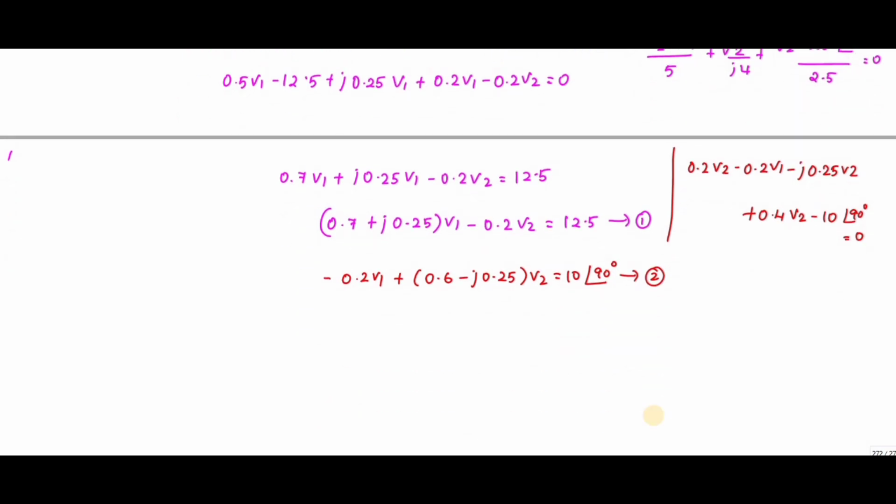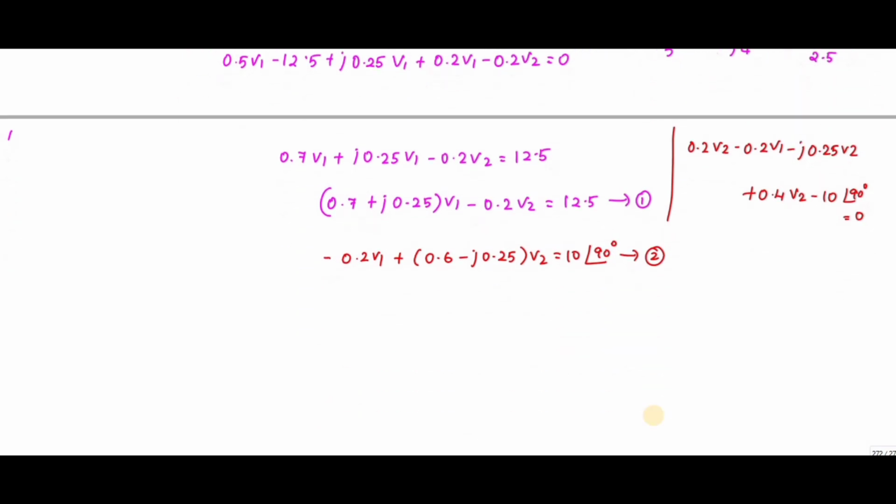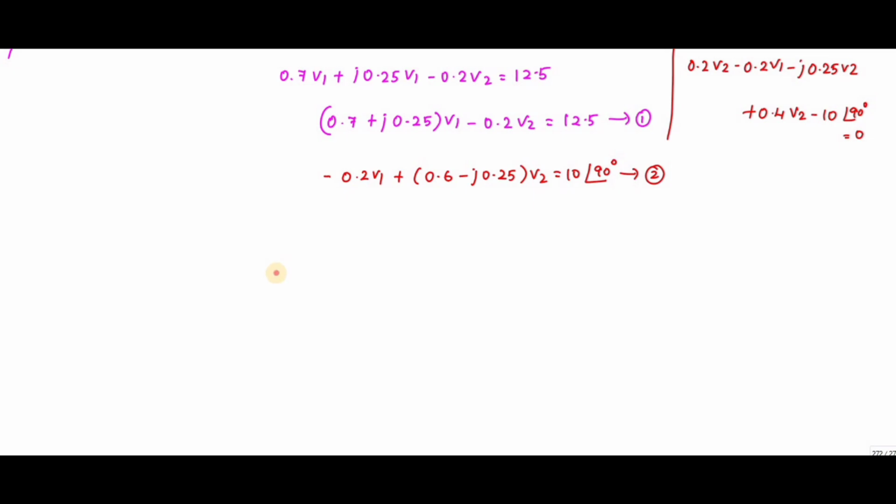So let's find the delta value. What is delta? Delta is equal to the determinant: 0.7 plus j 0.25, minus 0.2, and minus 0.2, 0.6 minus j 0.25.